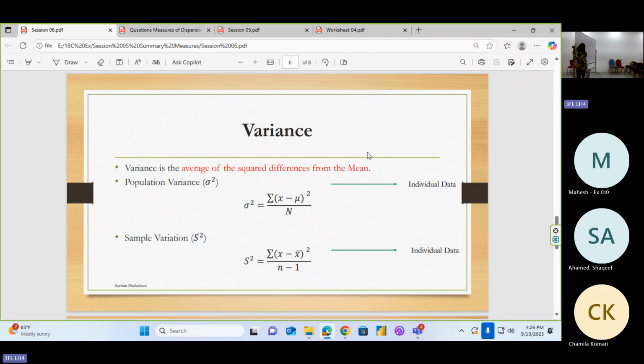Then this sum of the squared deviations we divide by the number of observations minus 1. Why? The reason is that two variance values exist, population variance and sample variance. Which one can we calculate? Population or sample? Sample. Statistic. We can only calculate the statistic.